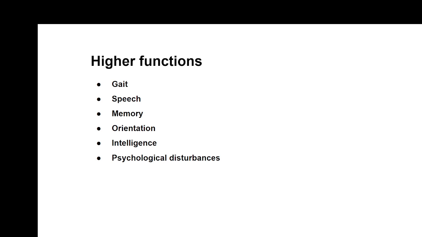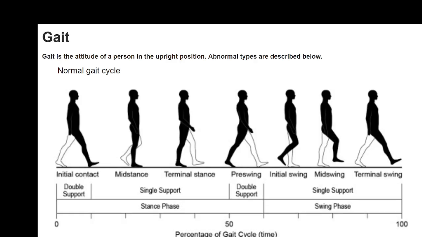The gait or walking is one of the very complex maneuvers, where it needs coordination of different sets of areas of the central nervous system as well as the peripheral nervous system. A normal gait would have what we call a normal gait cycle. The normal gait cycle starts with the support of the two legs, where both legs are in contact with the floor.